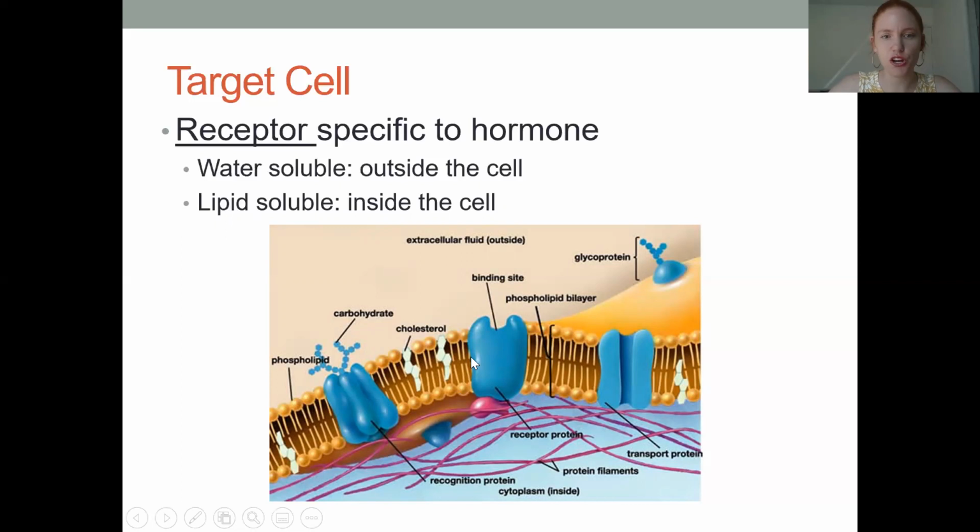Okay, so the target cells have a receptor that is specific to the hormone, only binds that particular shape of the hormone. So the location of that receptor, though, depends on whether or not it's water soluble or lipid soluble. If it is water soluble, that receptor is going to be found embedded in the membrane, whereas the lipid soluble ones are going to be inside.